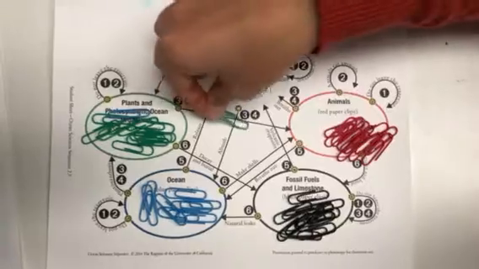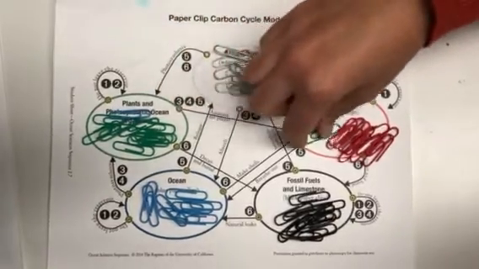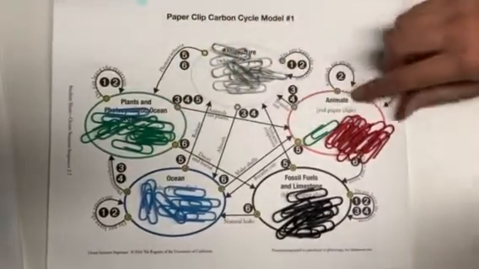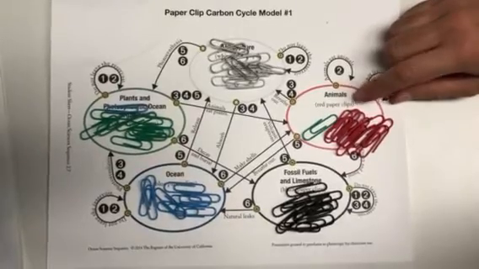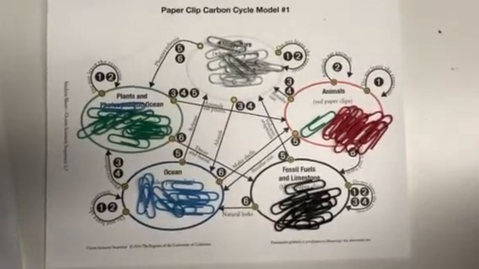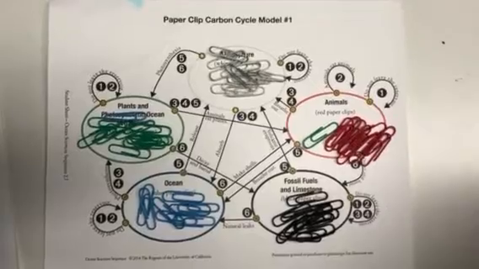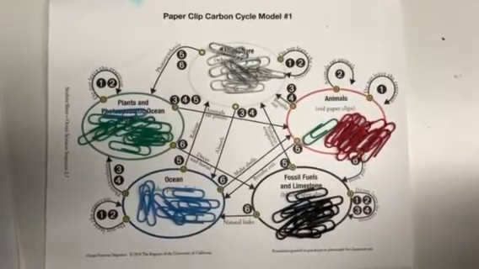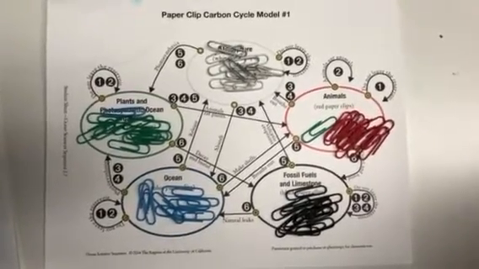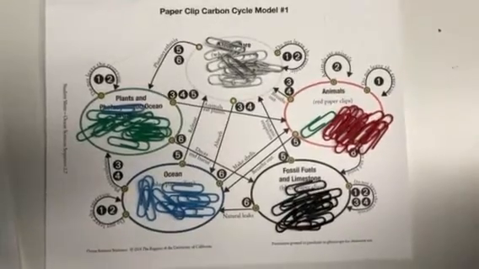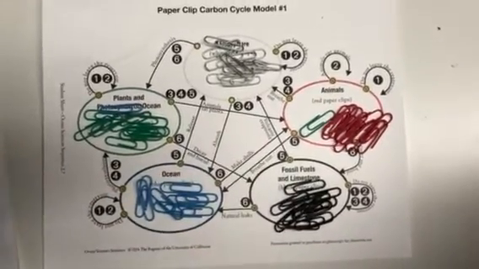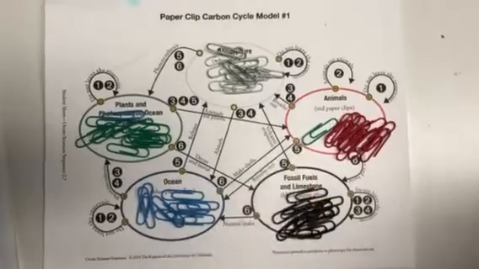So that's what's occurring right now. And then this atom has landed in this bubble for animals. So now it is in the carbon reservoir that is animals. So some sort of aquatic plant, you can imagine in the ocean, just got eaten by, I don't know, a crab perhaps, and now it's inside of the crab.